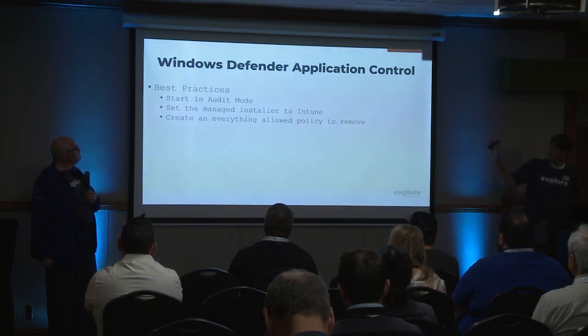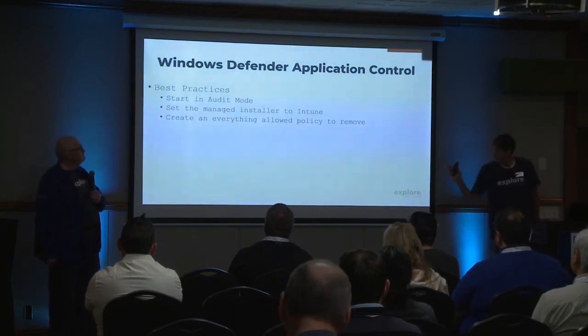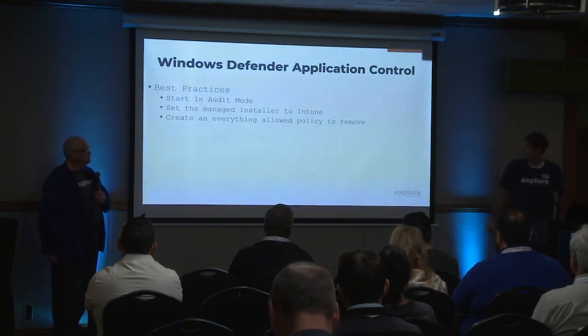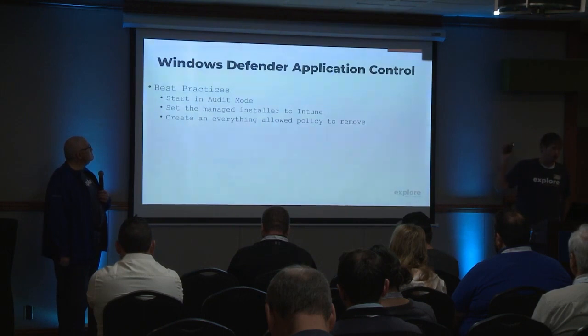So when you're rolling this out, you always want to start in audit mode. It's almost too powerful because you have the option to not trust Windows components, which is a silly option. So always, when you create a policy, start in audit mode. Always scope the policy to just a few devices.